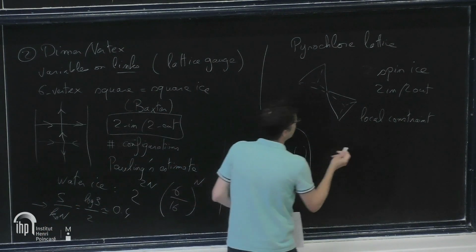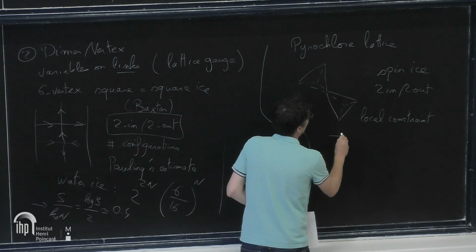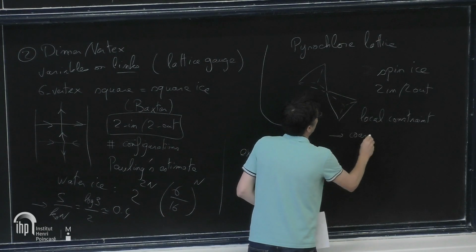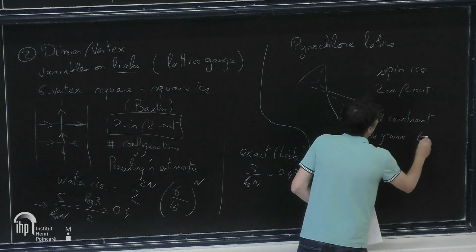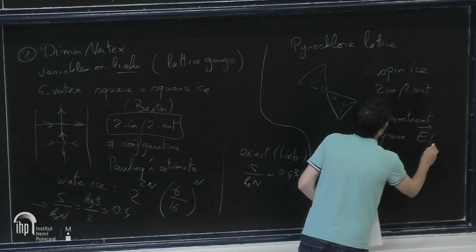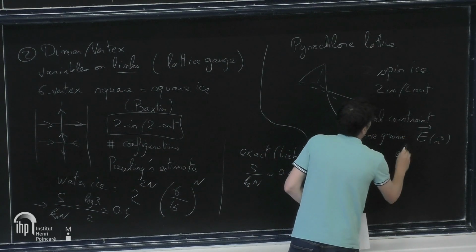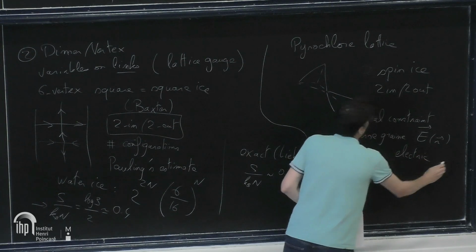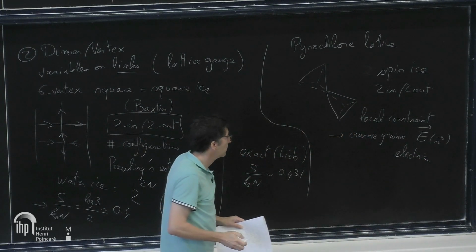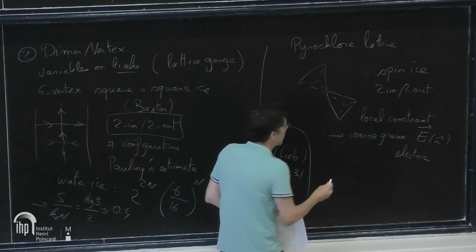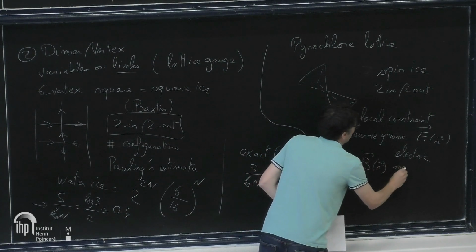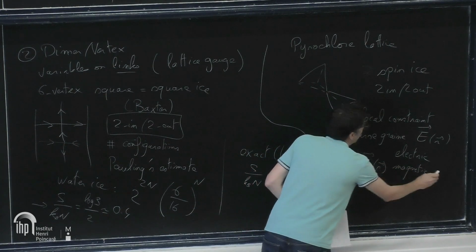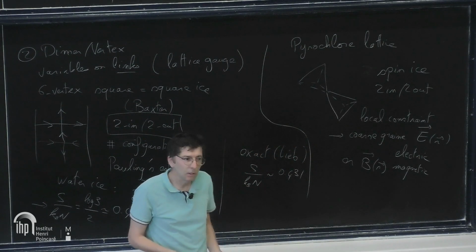So you have a local constraint, and it means that when you coarse grain, you have an E field or B field. Actually, they were clever. Instead of choosing the electric field, they chose the magnetic field. At this stage it's the same, because you can pick any field.